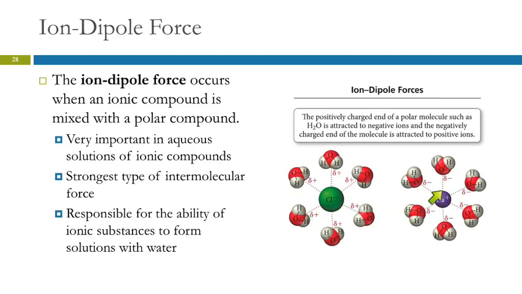The sodium is positively charged, and it's attracted to the negative sides of the water molecules. And so the attraction between the ion and the dipole in the polar compound is the ion-dipole force. And that is stronger than hydrogen bonding. And this is responsible for the formation of aqueous solutions of ionic compounds.